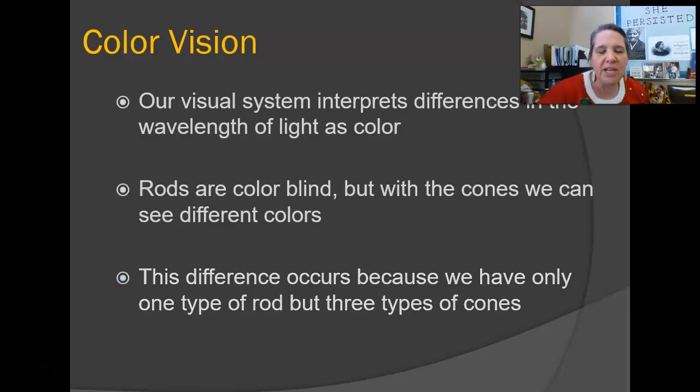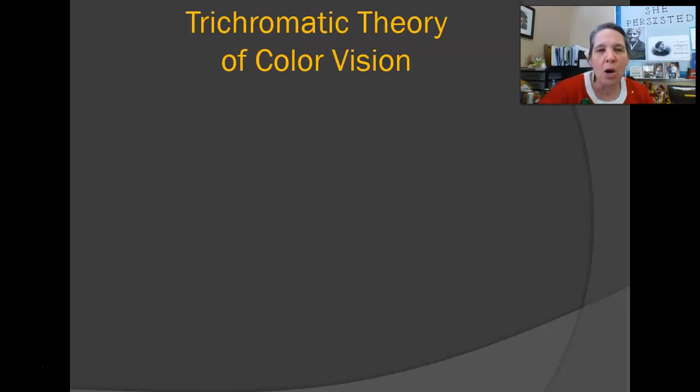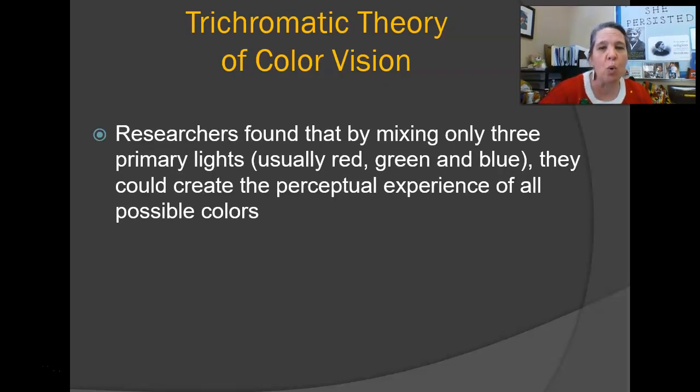And the 3 different types of cones are thought, in theory, to each go with the 3 primary light colors. Okay, so red, green, and blue. And we are going to label that on our diagram tomorrow. So the mixing of those 3 primary colors creates that perceptual experience of all the possible colors that we could see.